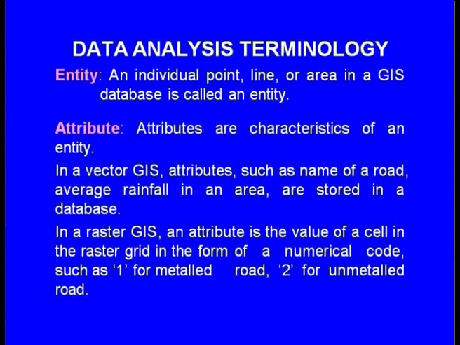In raster GIS, an attribute is the value of a cell in the raster grid in the form of a numerical code such as 1 for metalled roads, 2 for unmetalled roads, etc.